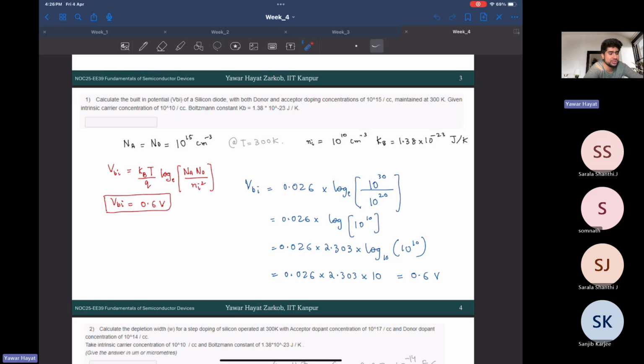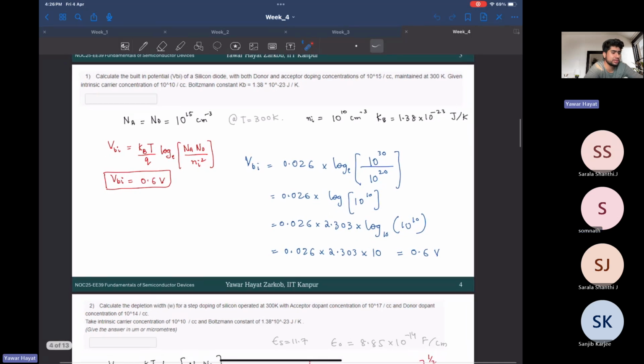At room temperature, which is 300 Kelvin, that is nothing but 0.026. Is it fine? And we need to multiply this by log of NA ND. Both are 10 to the power 15, so this would be 10 to the power 30 divided by Ni square. Ni is 10 to the power 10, so Ni square is 10 to the power 20. So this is 10 to the power 10.